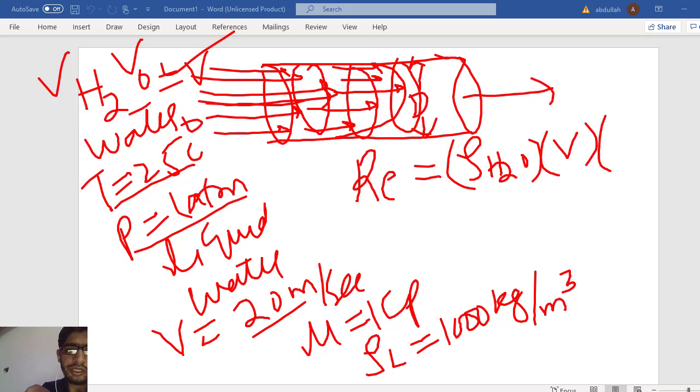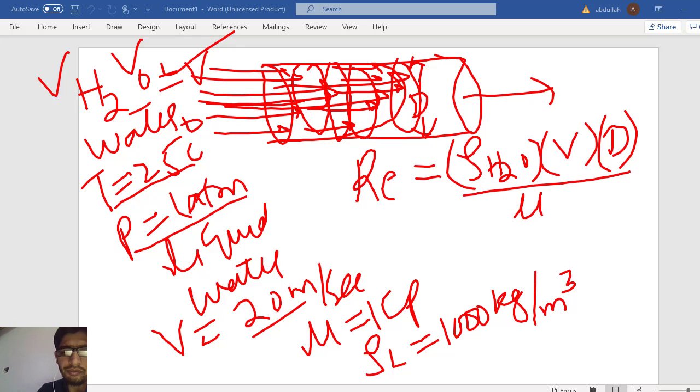For internal flow, it is the diameter of the pipe through which the liquid is flowing. And divided by the viscosity of the liquid water at 25 degrees C and 1 atm pressure. So this is all about the Reynolds number for internal flow, for flow in a pipe.